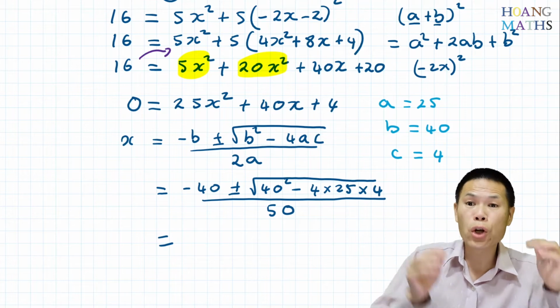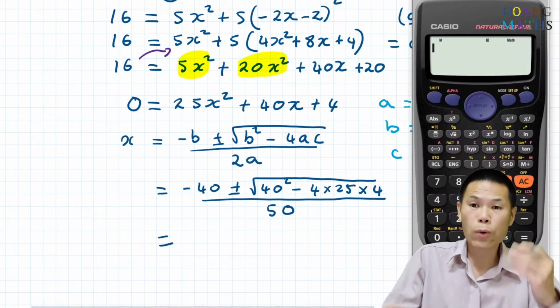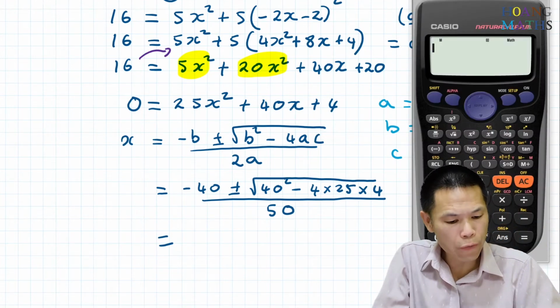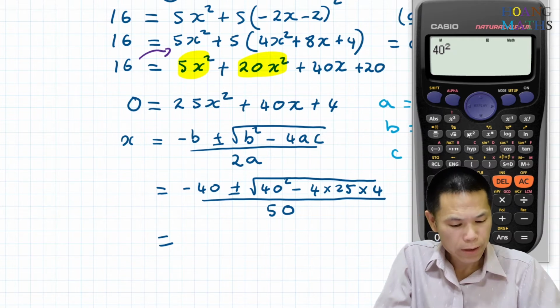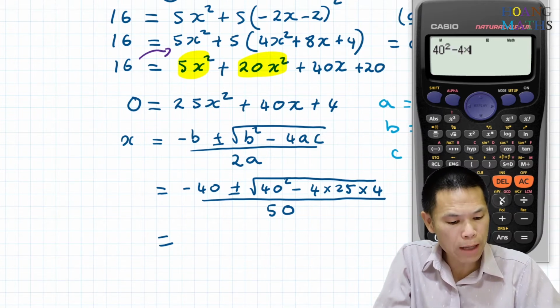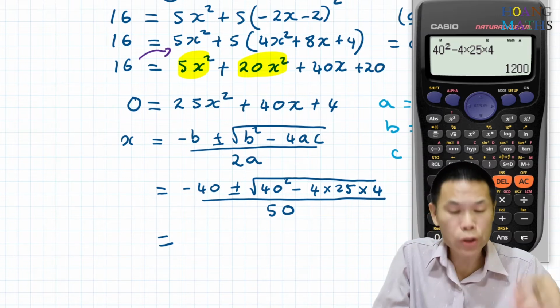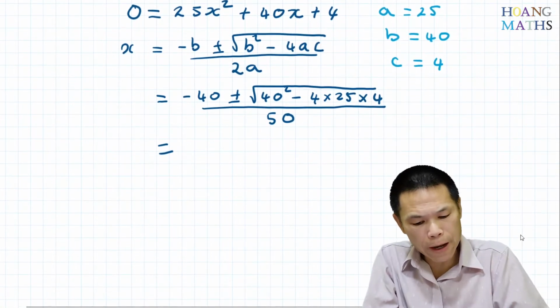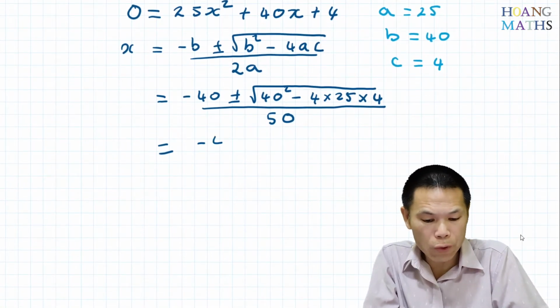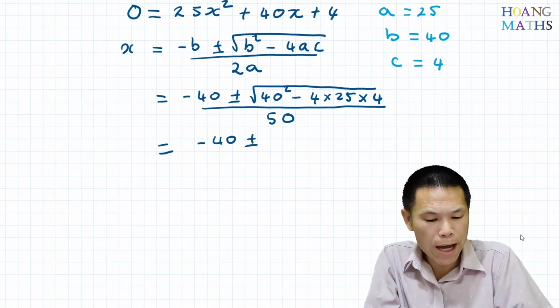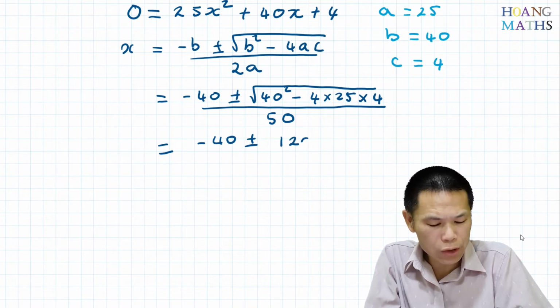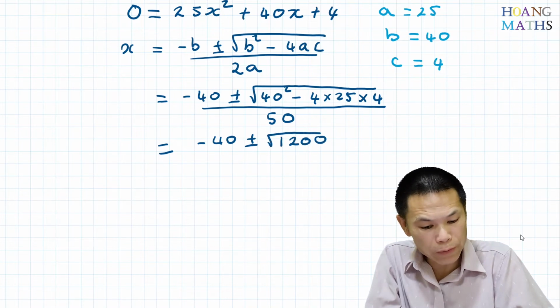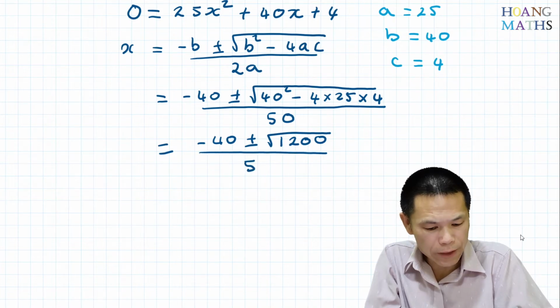So now I just put that on a calculator. So what I do now is I just go 40 squared minus 4 times 25 and times 4. So that gives me 1,200. So let me just write this down. So that equals negative 40 plus or minus the square root of 1,200, of course, over 50.